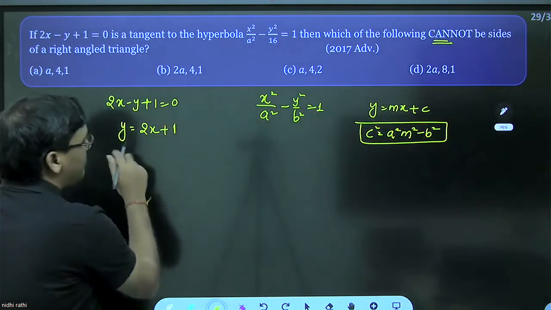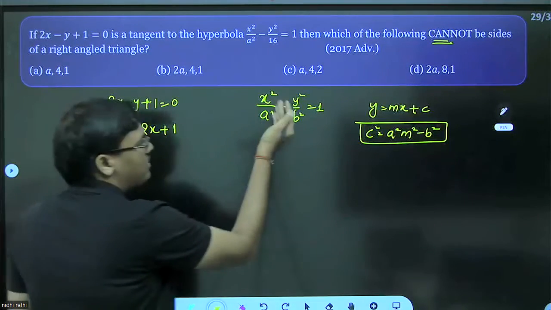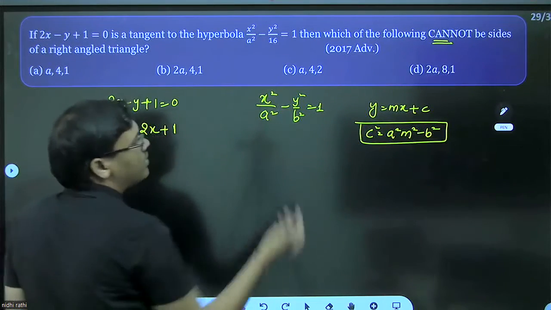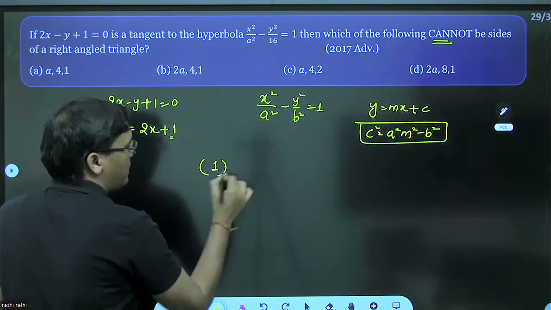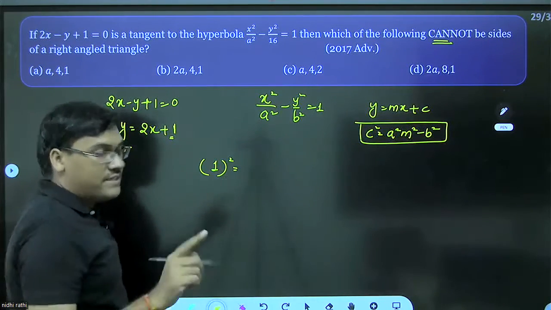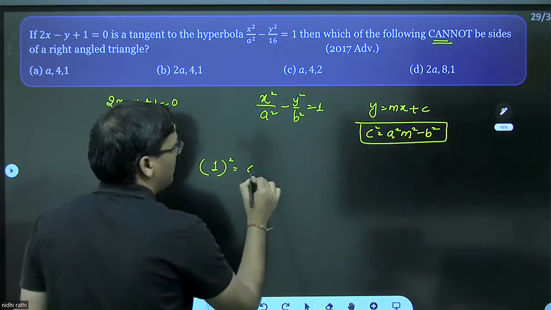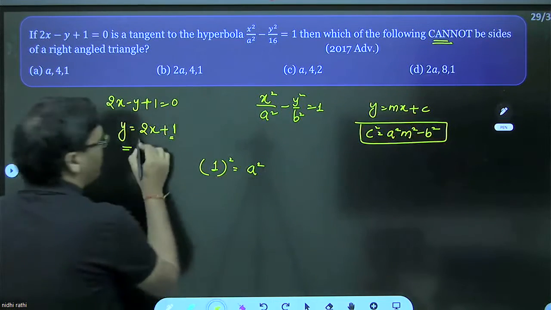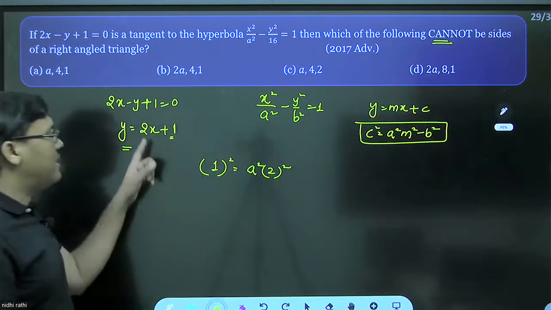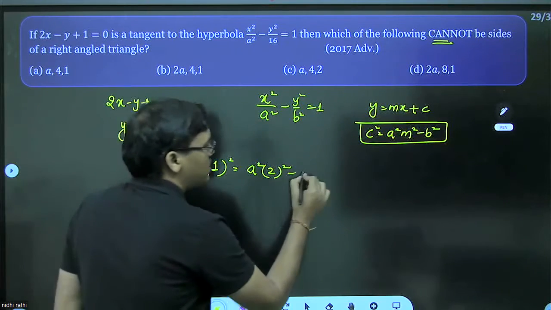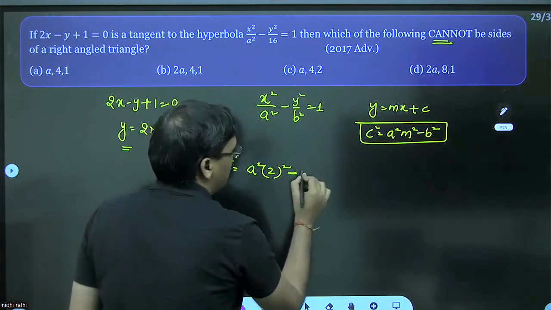So now this line is tangent to this hyperbola. What is the condition? C square, that is 1 square, C square that is y intercept, is equal to a square m square, what is the slope of this? Slope is 2, minus b square. What is b square here? b square is 16.